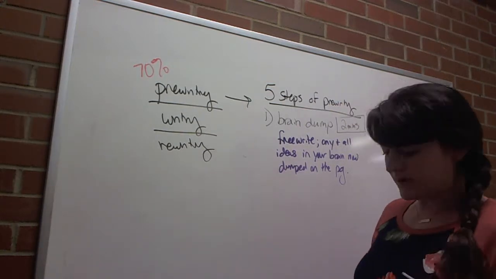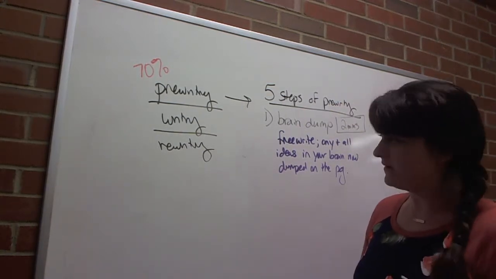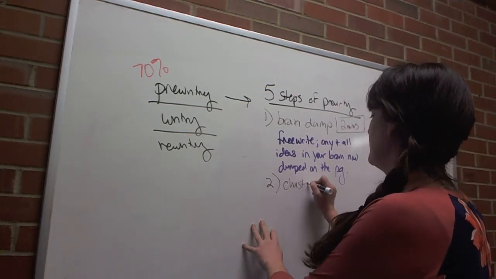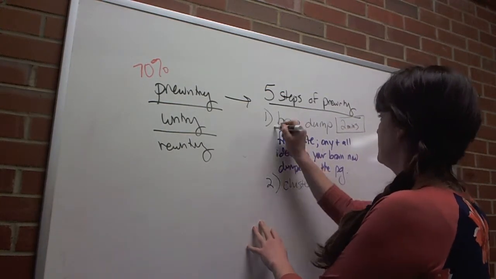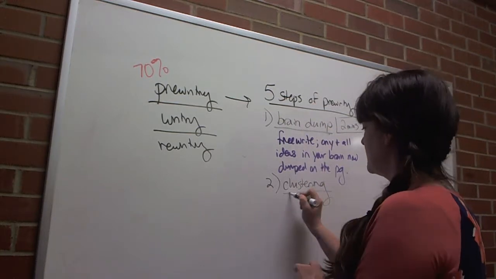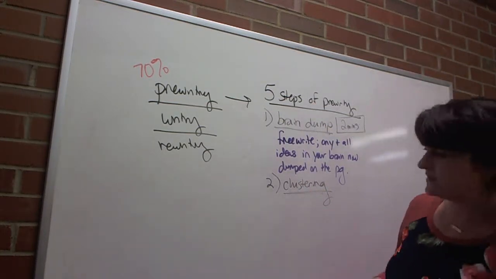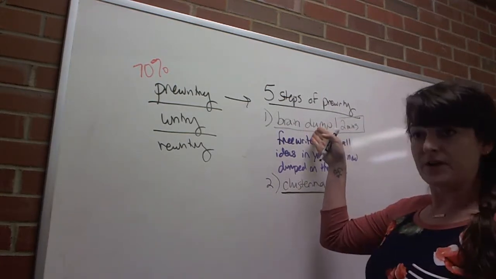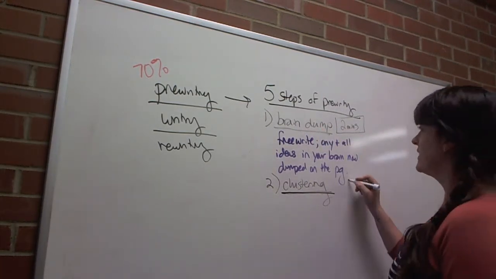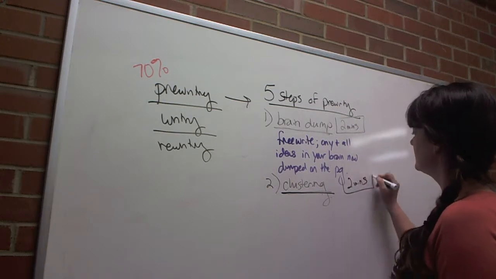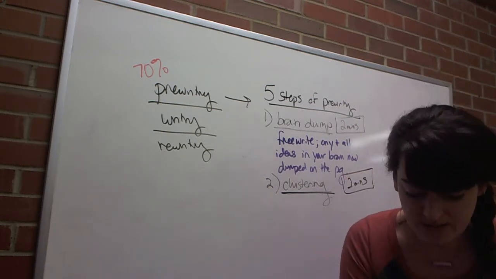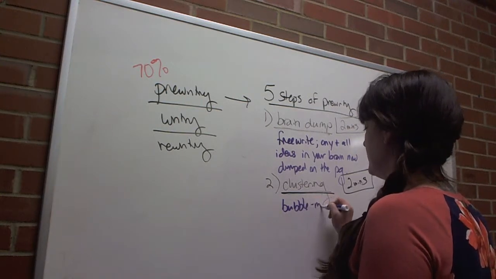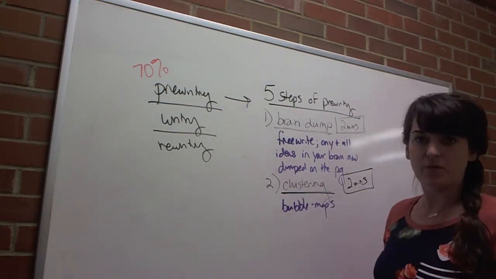Okay, so our next step of pre-writing is called clustering. So we've got brain dump up here, that's the first stage, and clustering down here. So you have brain dump first for your 2 minutes, and then you're gonna cluster for 2 minutes, okay? A cluster, if you've done bubble maps, that's typically what students remember it as, a bubble map.